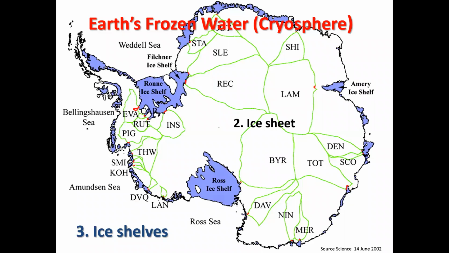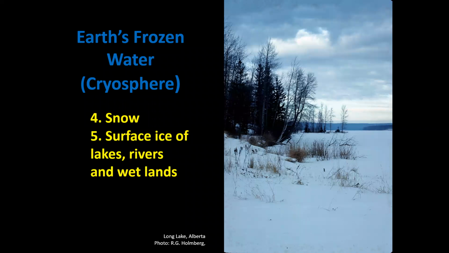So now we move on to ice shelves, and ice shelves are extensions of ice sheets that go onto the ocean and are again also floating. And in this depiction of Antarctica, the dark blue are the various ice shelves. And then we move on to snow and the frozen surface of lakes and rivers and wetlands.